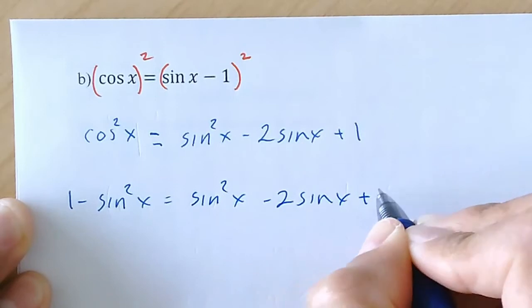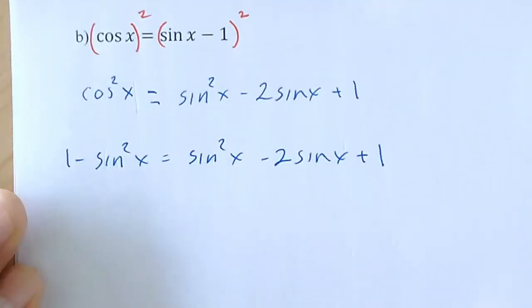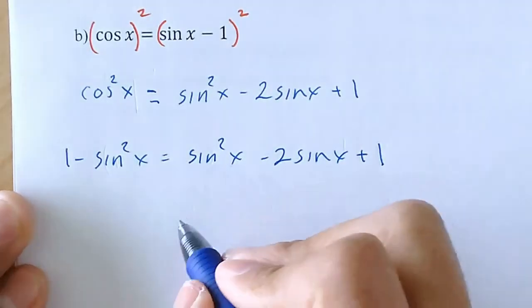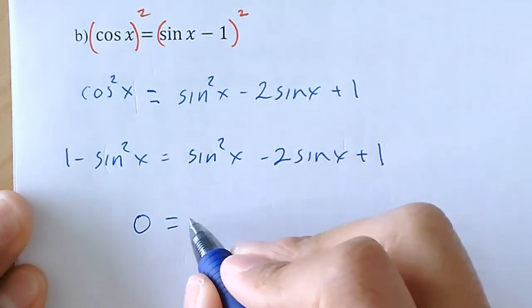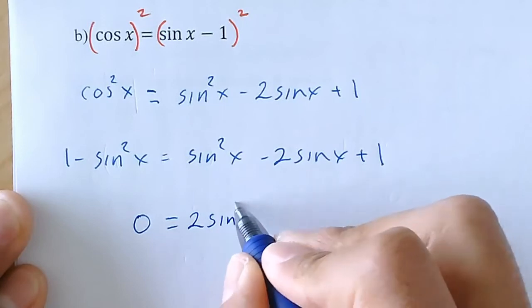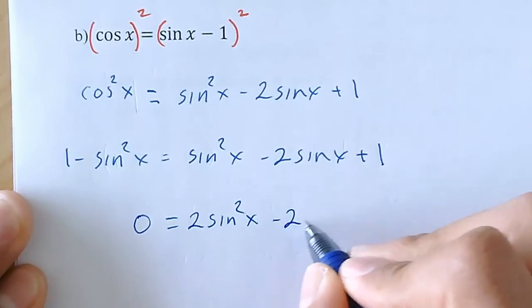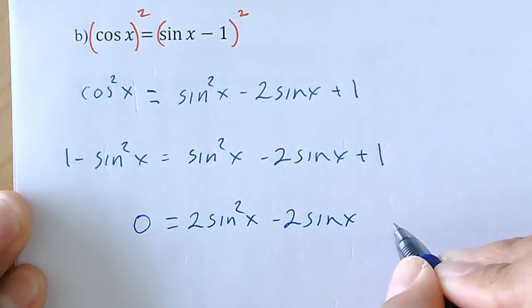Looking at this problem, I only have two terms, and both of the terms have a sine and a 2 as a matter of fact. So I can factor out a 2 sine of x.